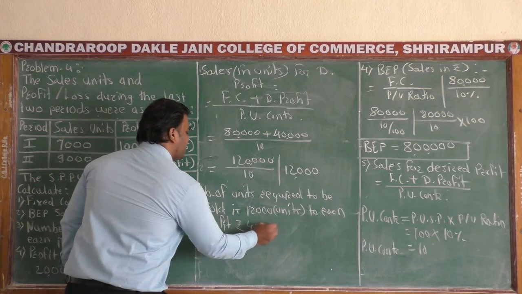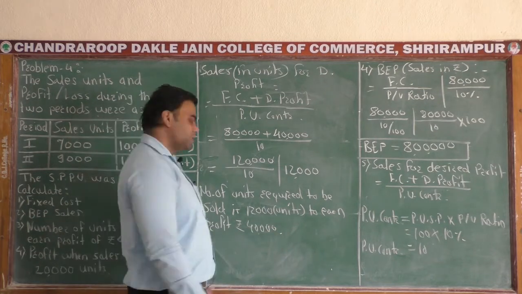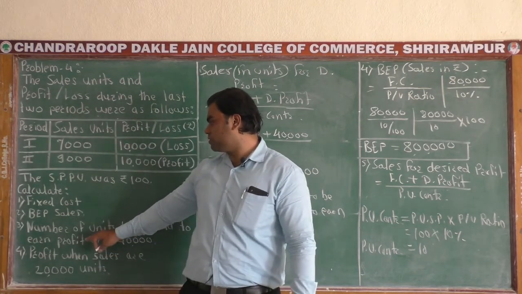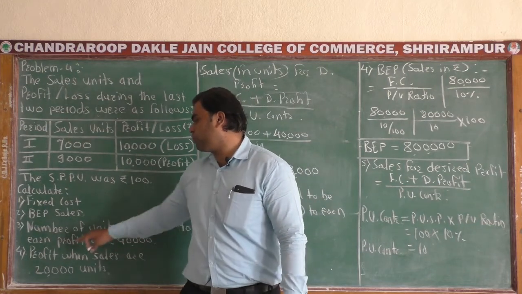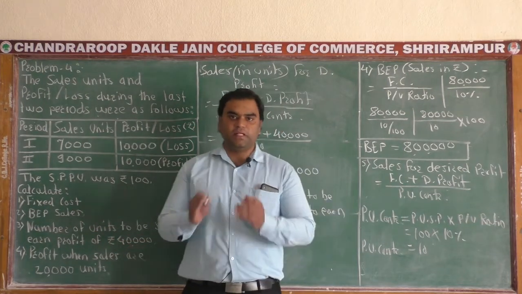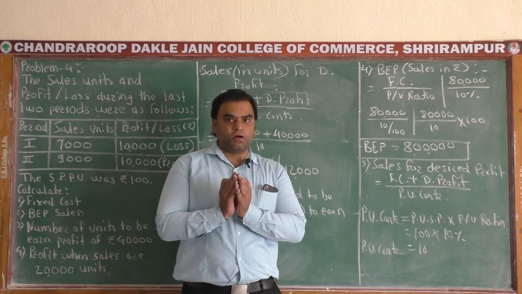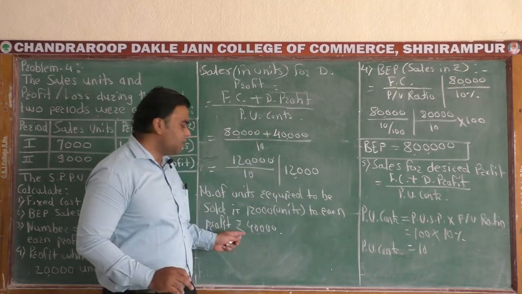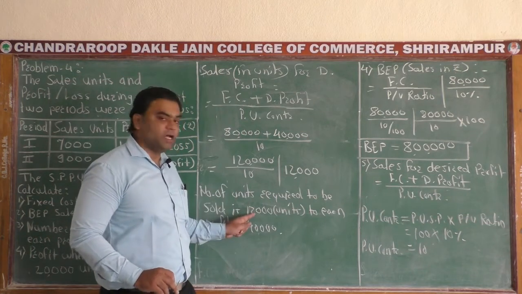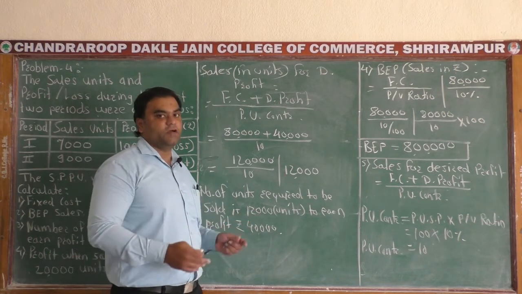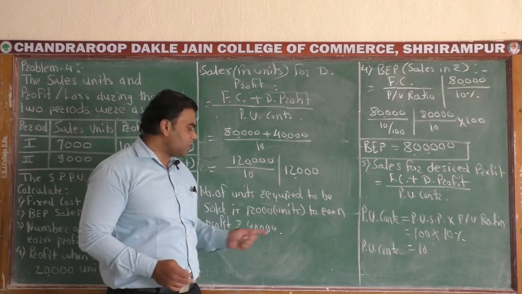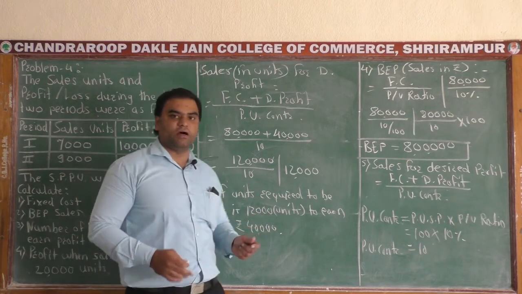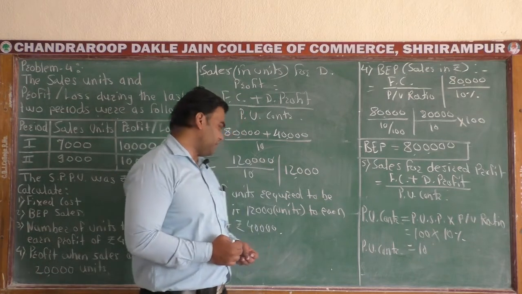So in that way we have calculated the third item also, the number of units to be sold to earn profit rupees 40,000. Means if the company wants to earn profit rupees 40,000, how many units will the company have to sell? The company will have to sell 12,000 units. When the company sells 12,000 units, then the company will earn 40,000 profit.